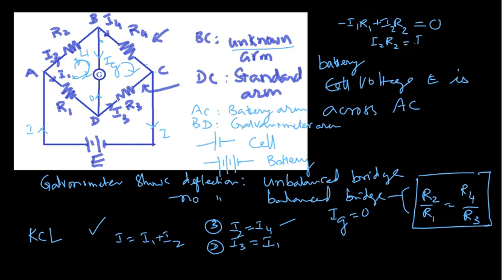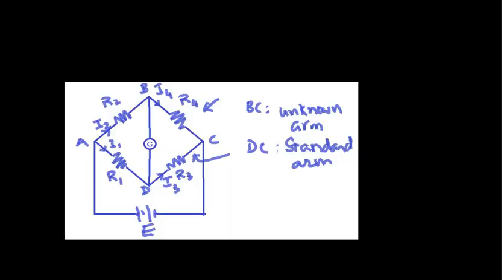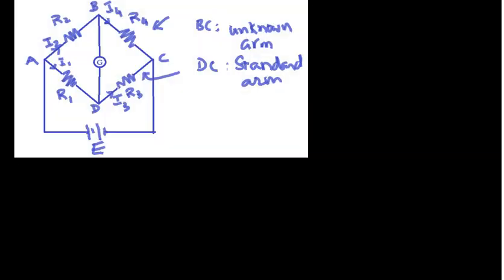So here we are doing minus I1 R1 plus I2 R2 equal to 0.